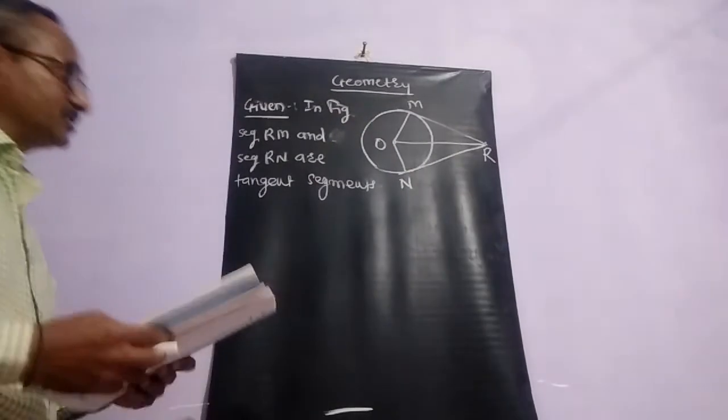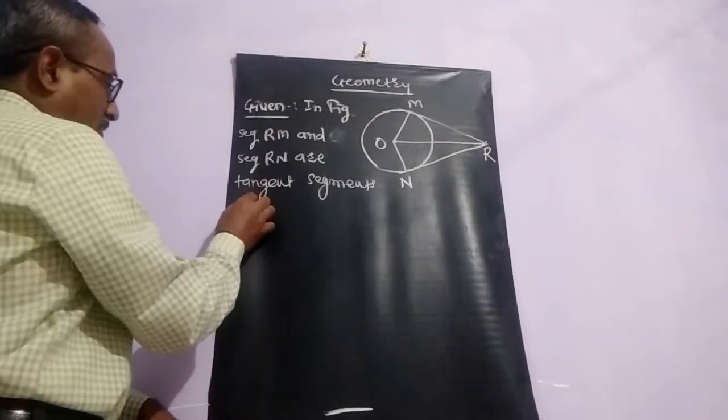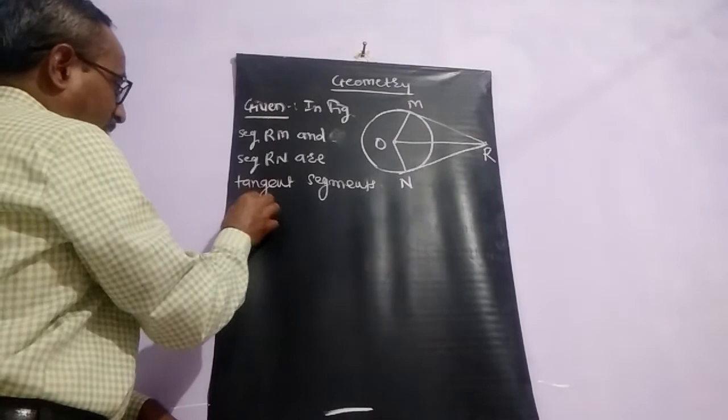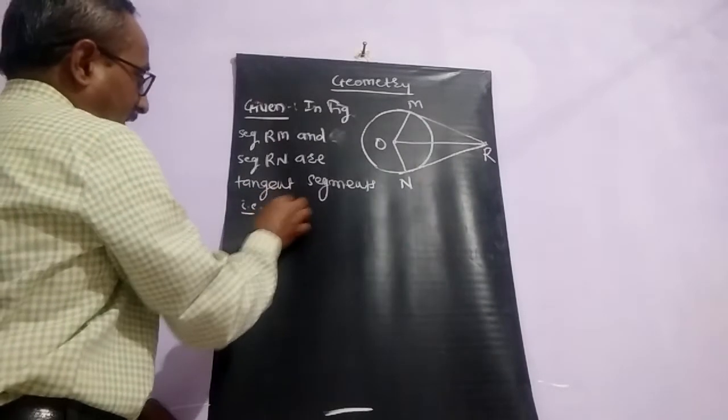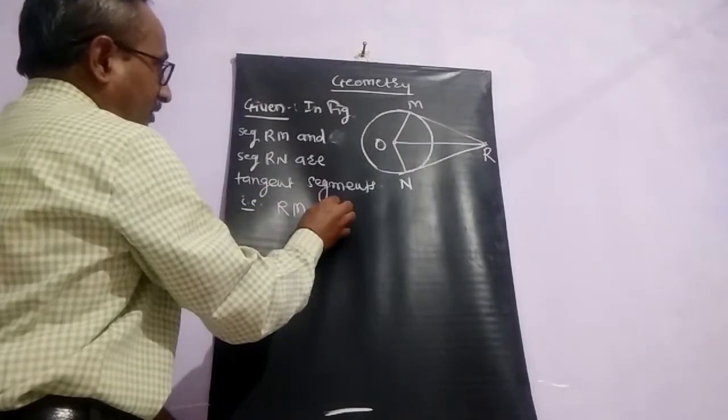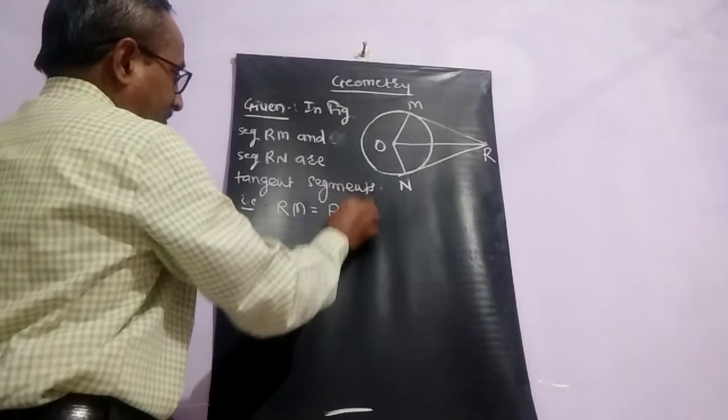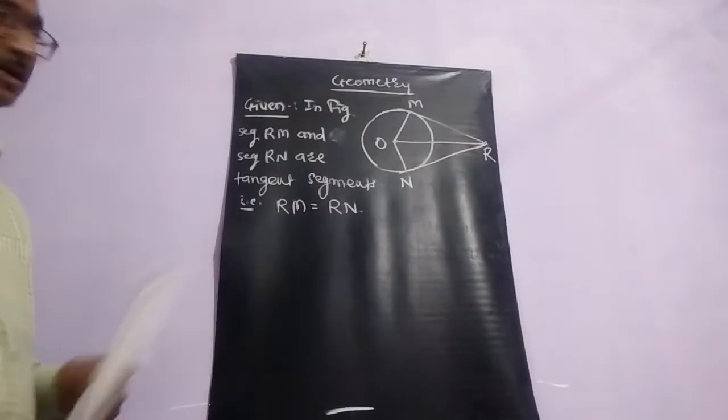They are tangent segments. So the meaning of this statement is RM is equal to RN.